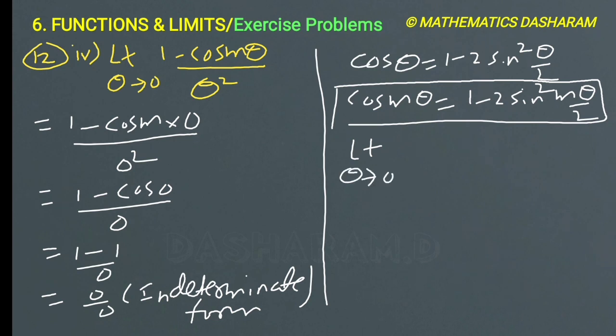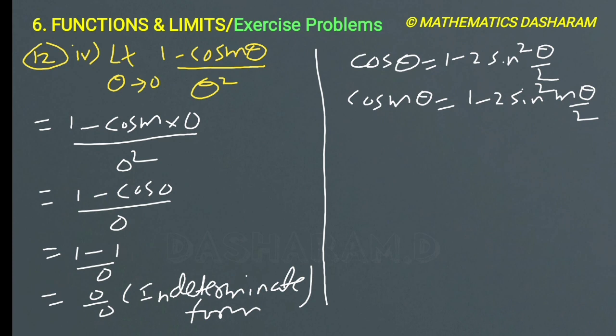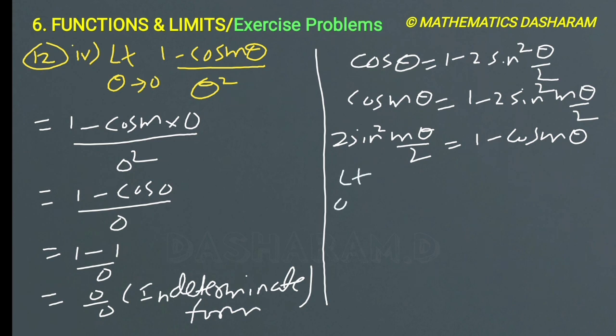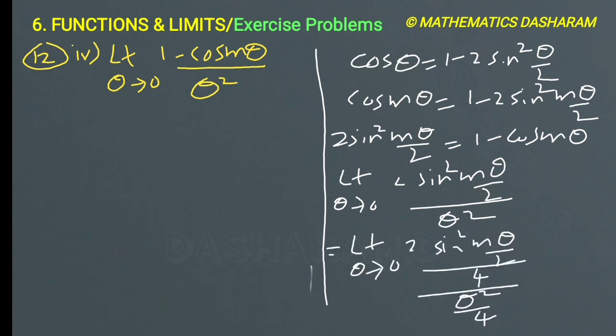Here 1 minus cos m theta can be written as 2 sin square m theta by 2 equals 1 minus cos m theta. So now substitute this value at the numerator place. So 2 sin square m theta by 2 divided by theta square. 2 ones are 2, twos are 4.